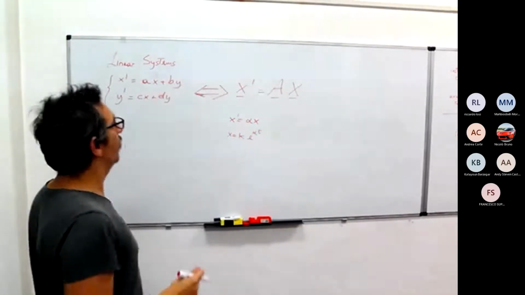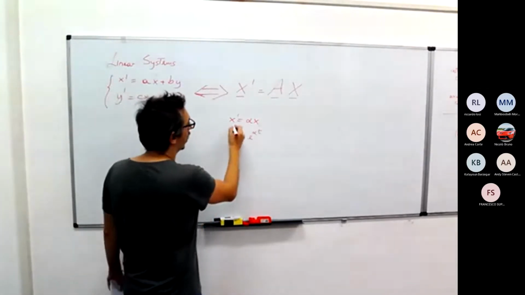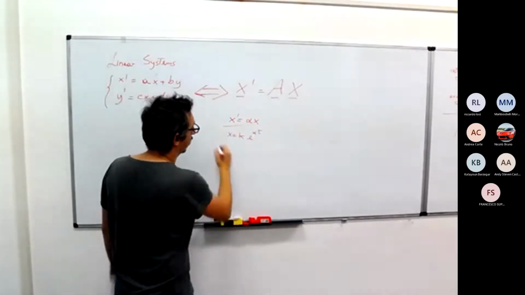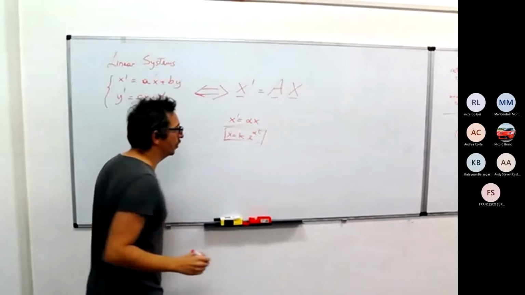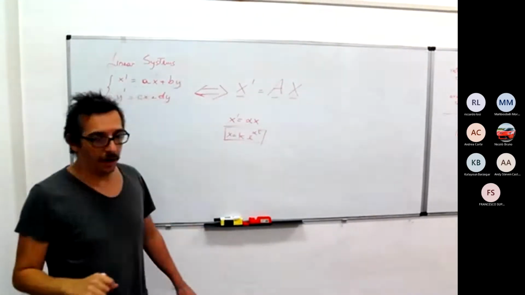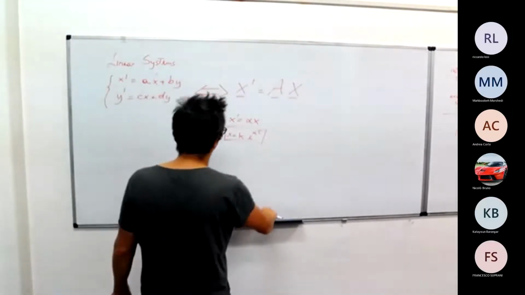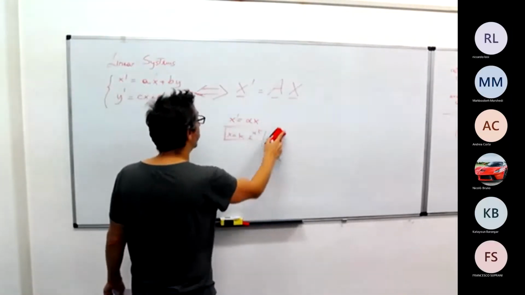Okay, so the idea is to use an ansatz similar to this solution here, also for the case of our equation written in matrix notation.